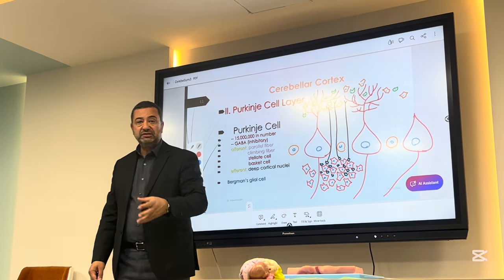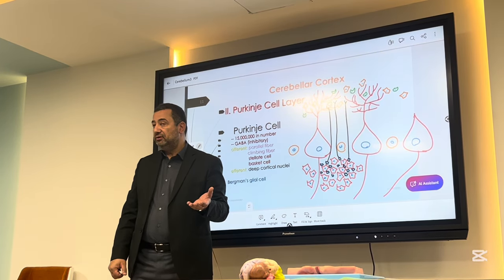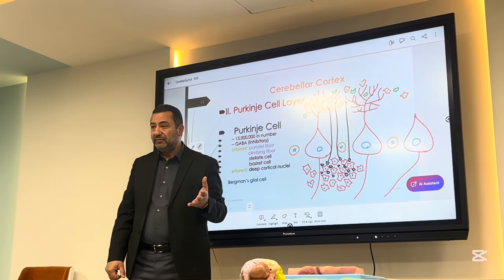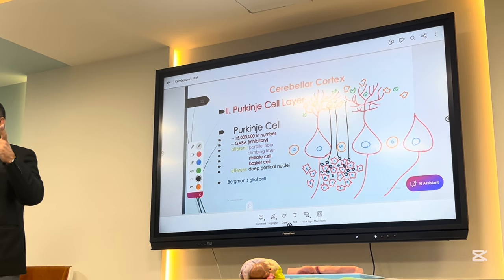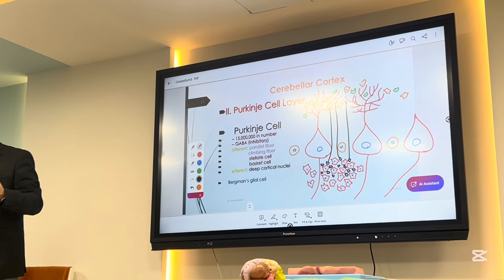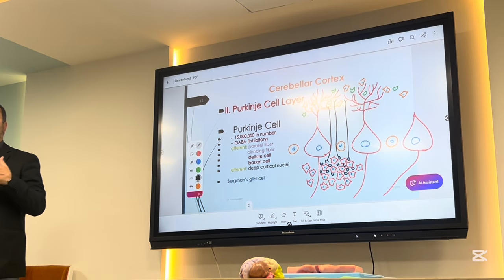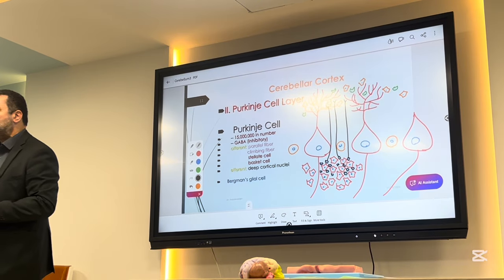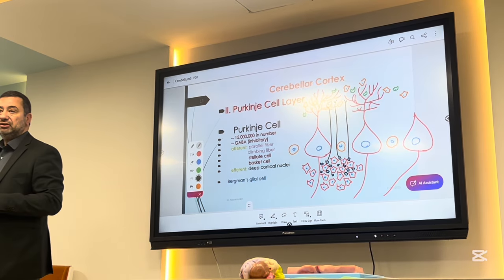These are very, very small cells and excitatory cells. Is it clear? If I ask you, in the cerebellar cortex, which cell is excitatory? You answer me, granular cells. In the human body, which cell is the smallest cell? Granular cell.